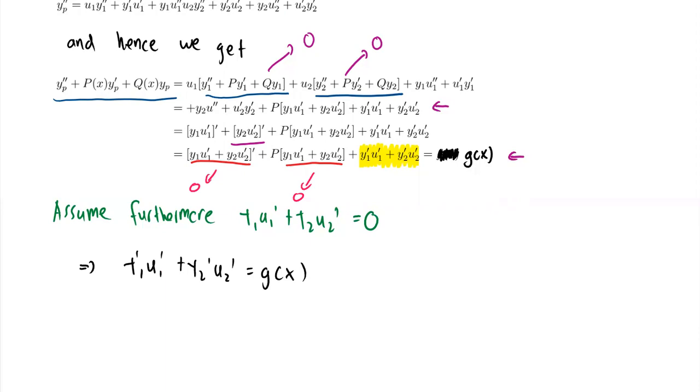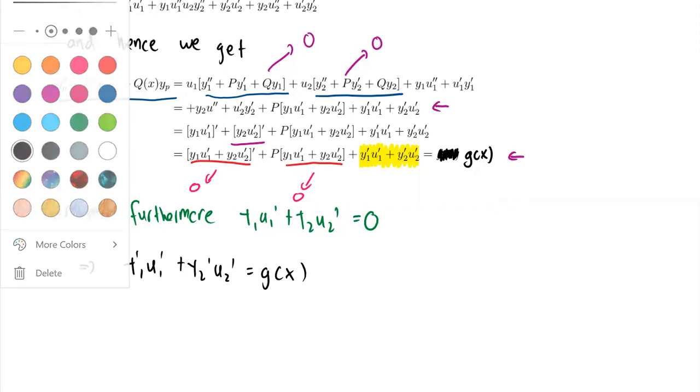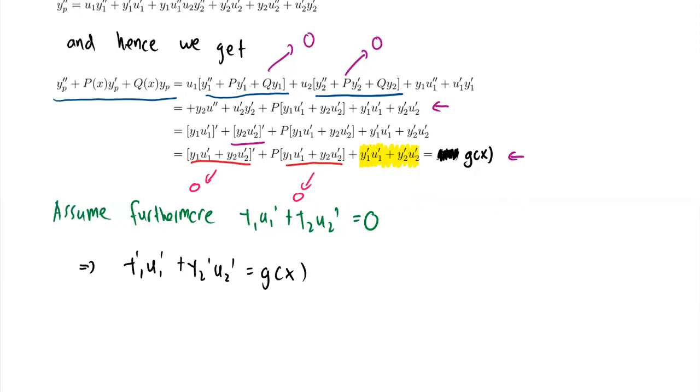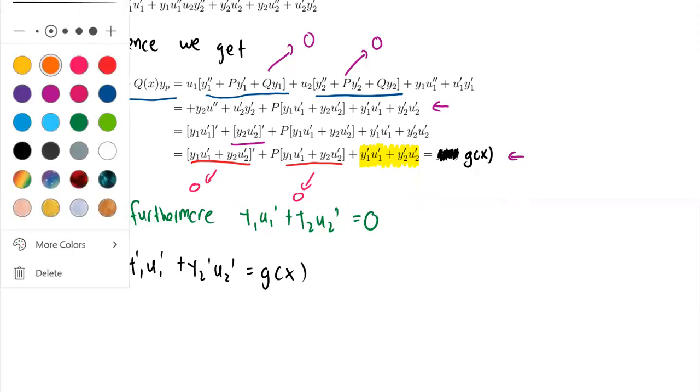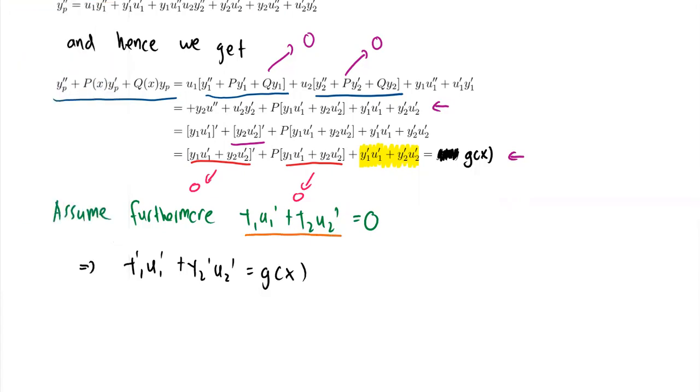Now you might think, well, I still don't know how to solve for u1 and u2. However, if we combine this with the assumption above, I'm going to write it right underneath. So this is y1 u1 prime plus y2 u2 prime equals 0.